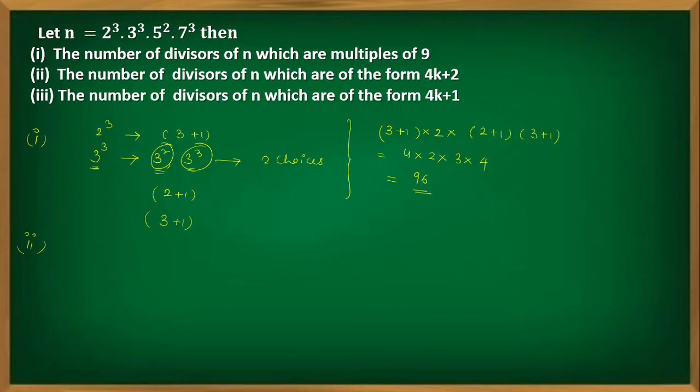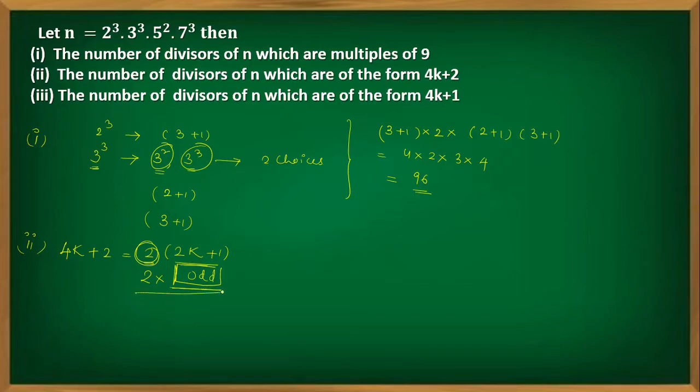Now you see, what is 4k plus 2? If you observe carefully, if you take 2 common, it will be 2 into 2k plus 1. So the divisors must be of the form 2 into 2k plus 1. You know 2k plus 1 is an odd number form. So we want one 2, and we want an odd number.